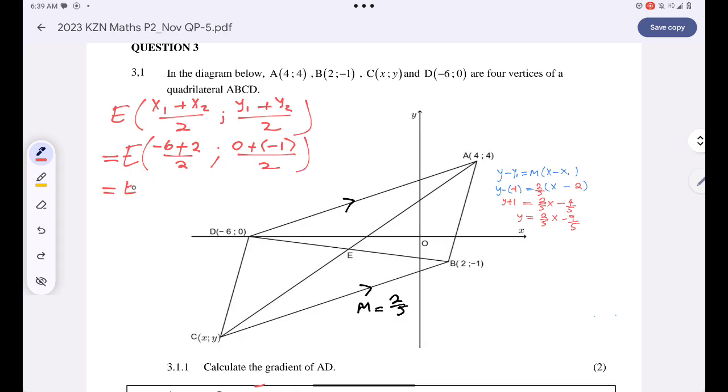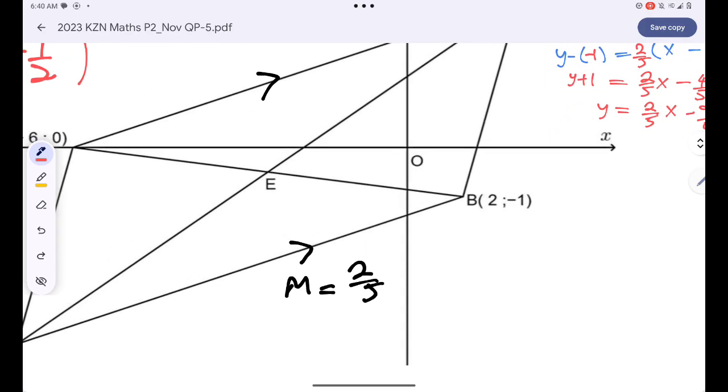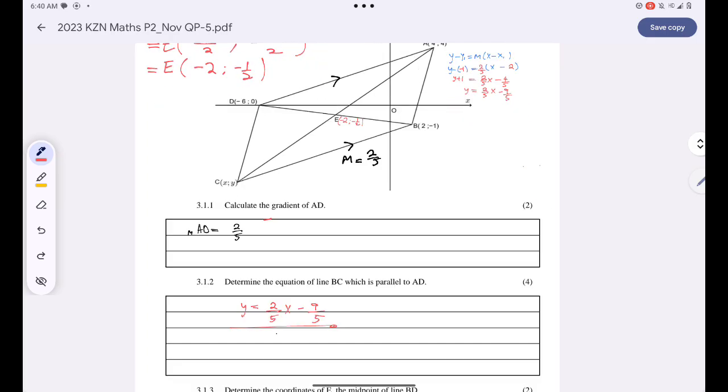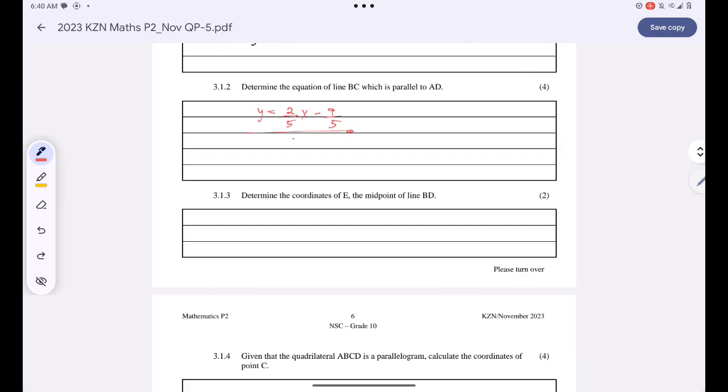This will give me negative 4 over 2, which is just negative 2, and then I'll have negative half. So the coordinates of E are negative 2 and negative half. Those are the coordinates of E.